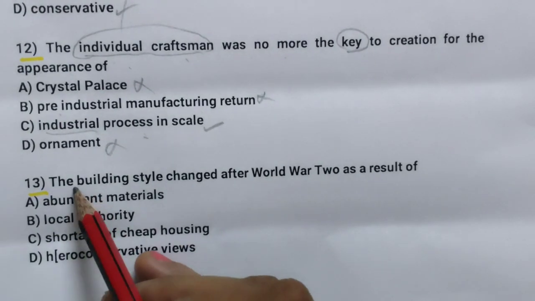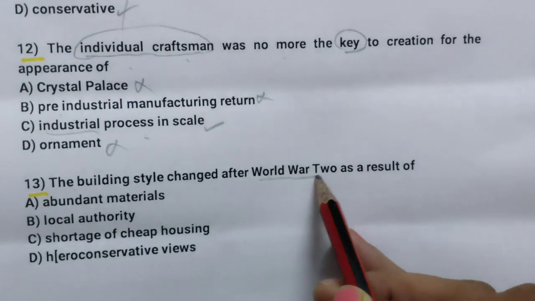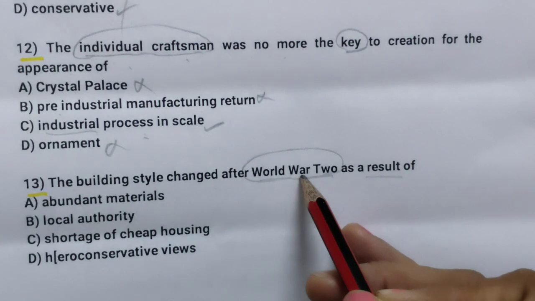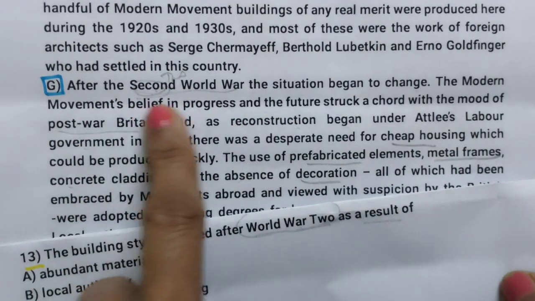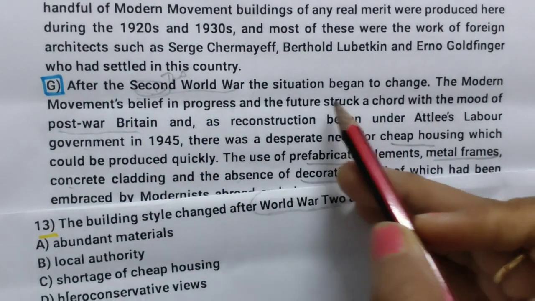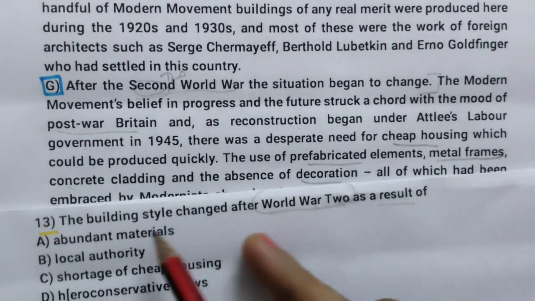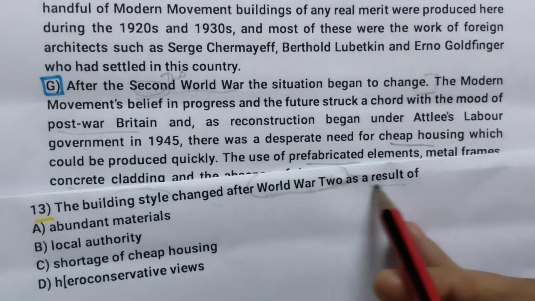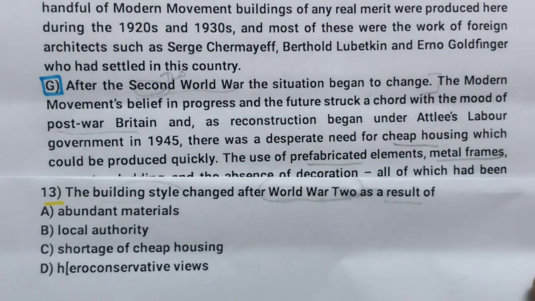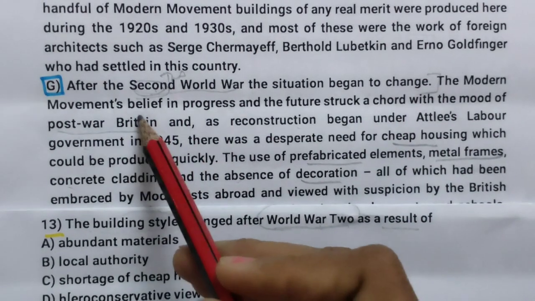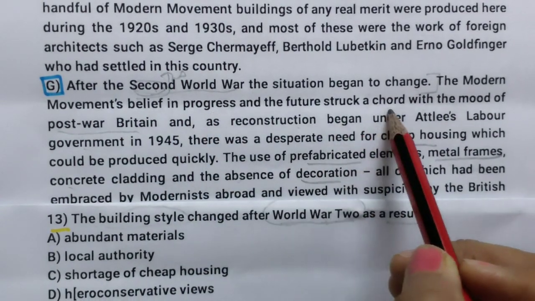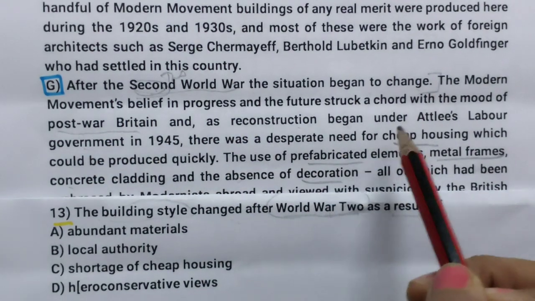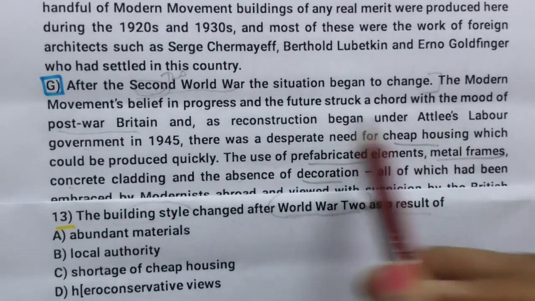Now number 13: the building style changed after World War II as a result of. Now where do we find this location? Here in this paragraph, after World War II the situation began to change. We are looking for what the building style changed as a result of. The modern movement believed in progress and the future and struck a chord with the mood of post-war Britain, and reconstruction began, meaning building, under the Labour government.